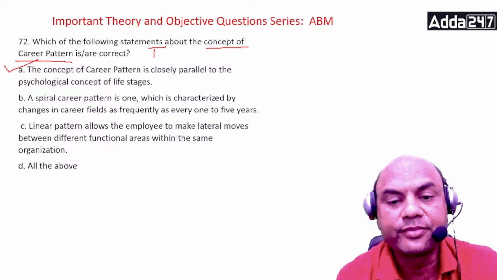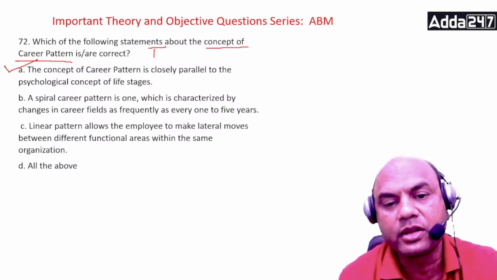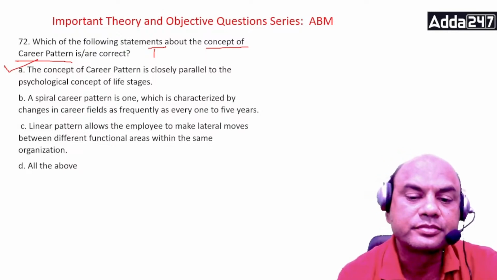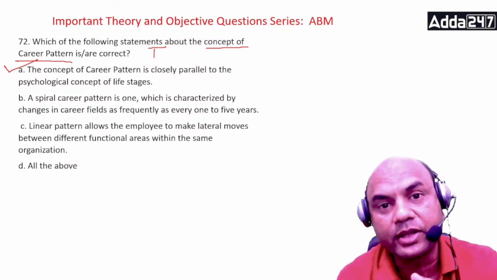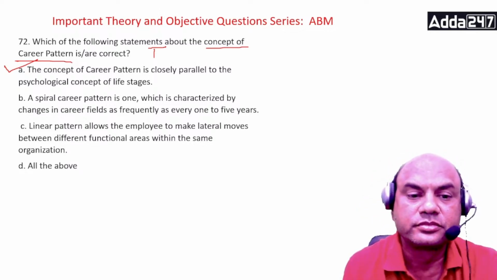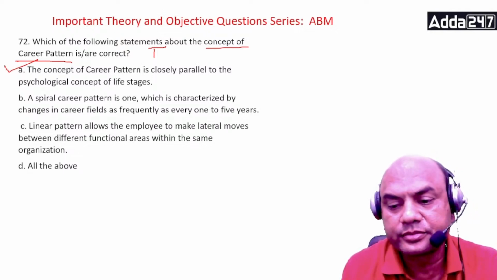So this is also incorrect. You can't give the period over here as 1 to 5 years. It can be anything. It can be more than 5 years also. Statement 3, what is incorrect in this? Statement 3, line pattern we are talking of, right?